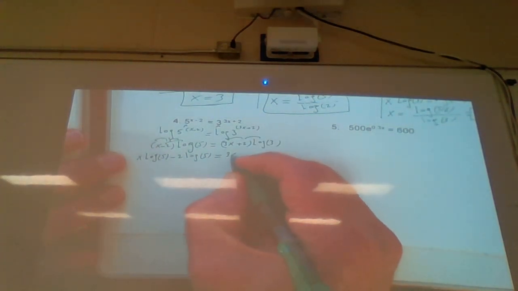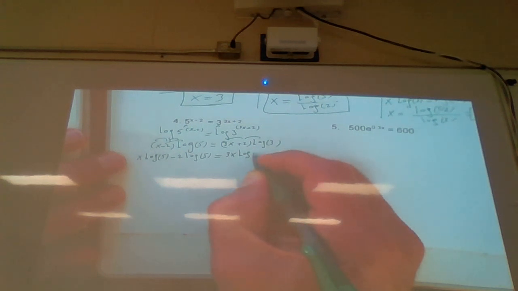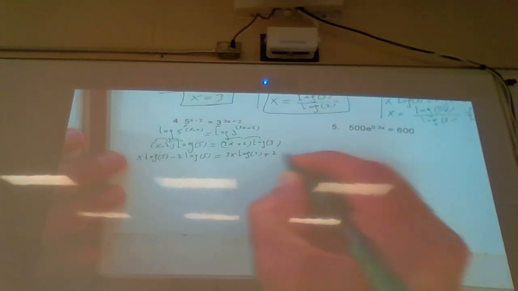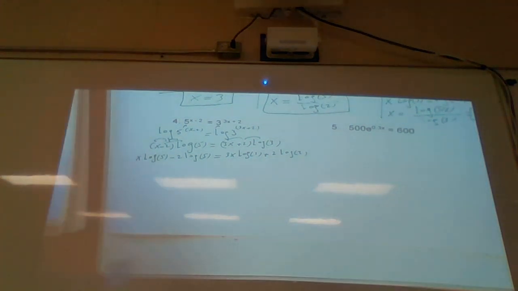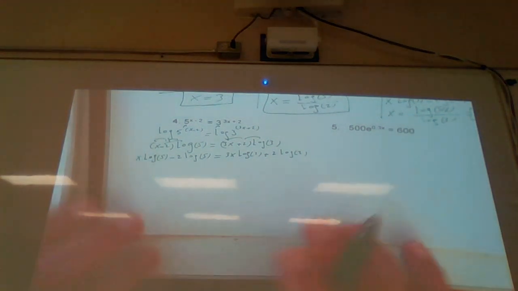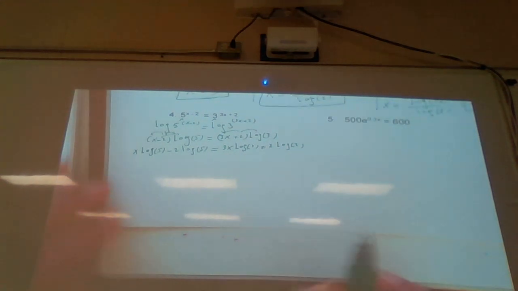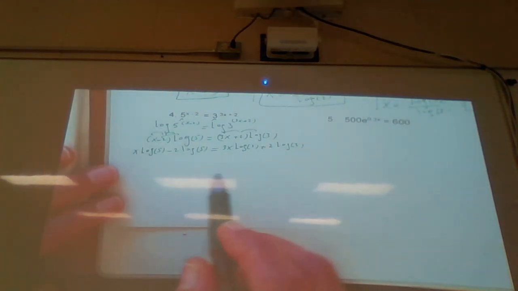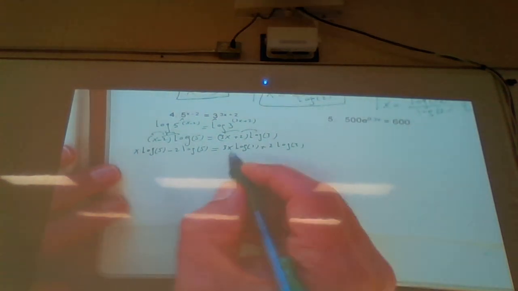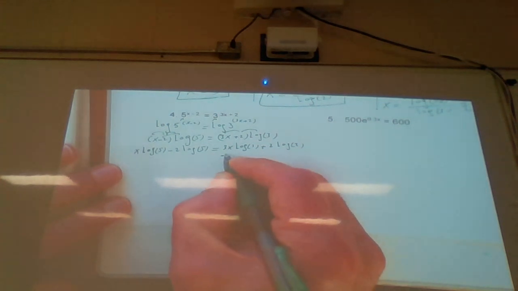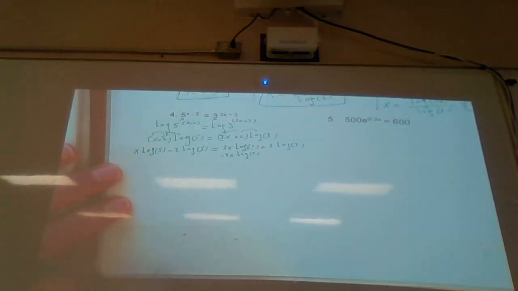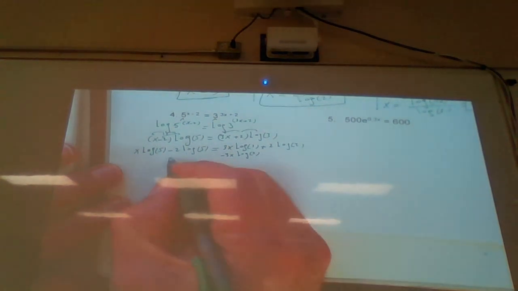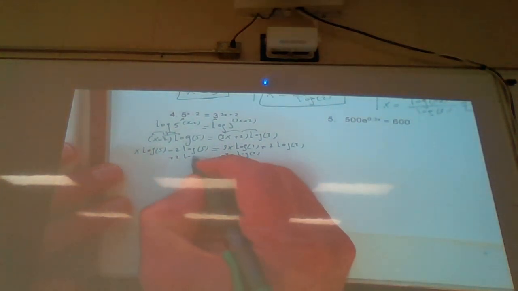That's 3x log of 3 plus 2 log of 3. We're going to bring all the x's to one side, all the numbers to the other side, like we normally do when we do the algebra. This has an x, so I'm going to subtract this to the other side. And since this is a number, I'm going to add this number to the other side.